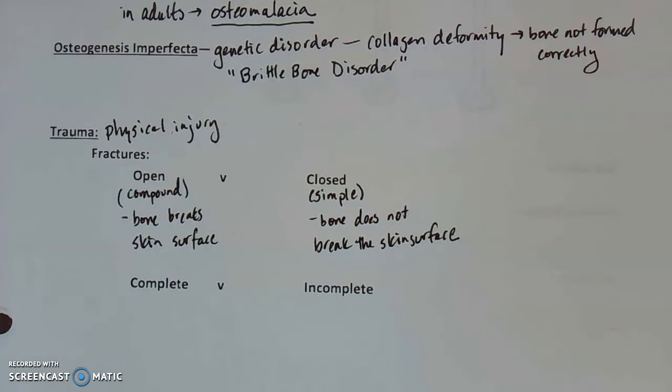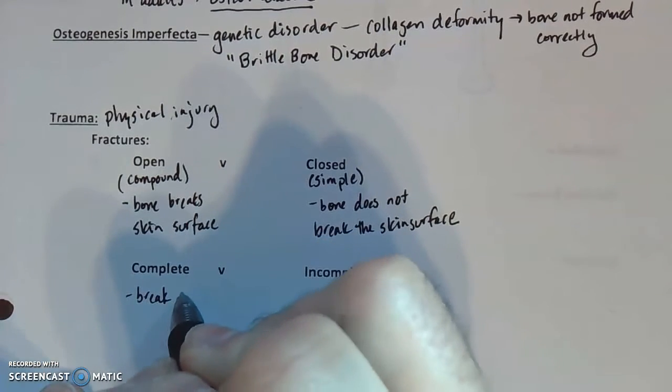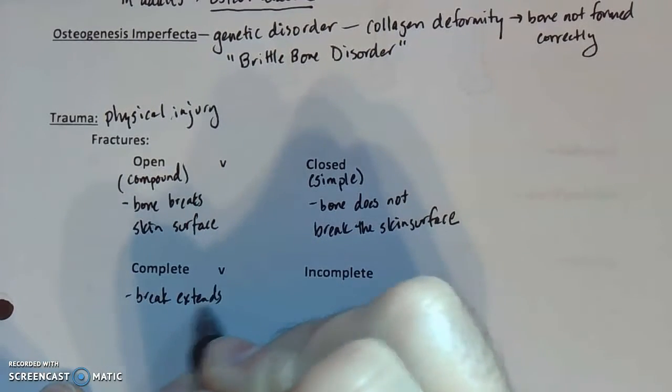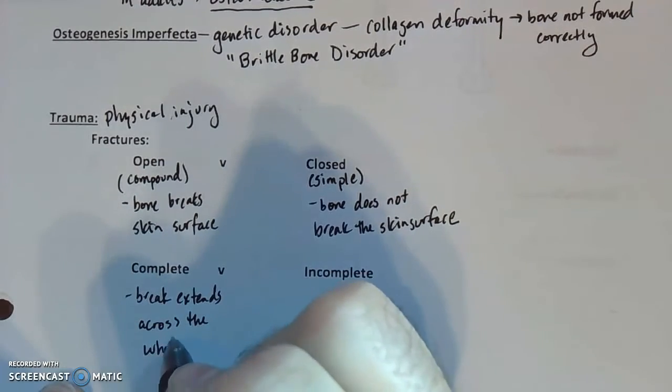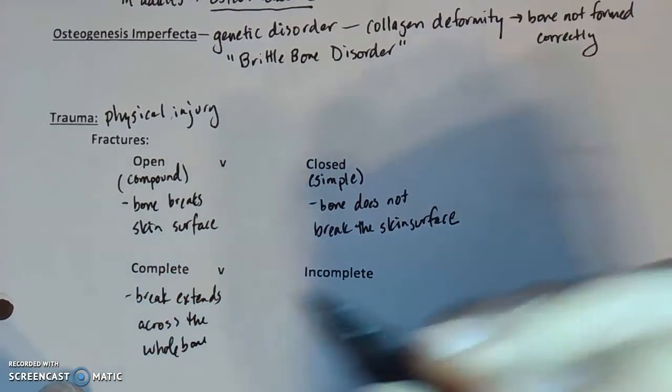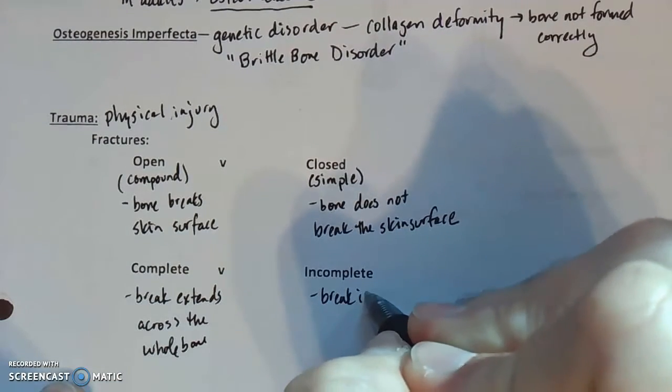The other way that we can compare fractures is complete versus incomplete. Complete is the break extends across the bone, and incomplete, the break is partial.